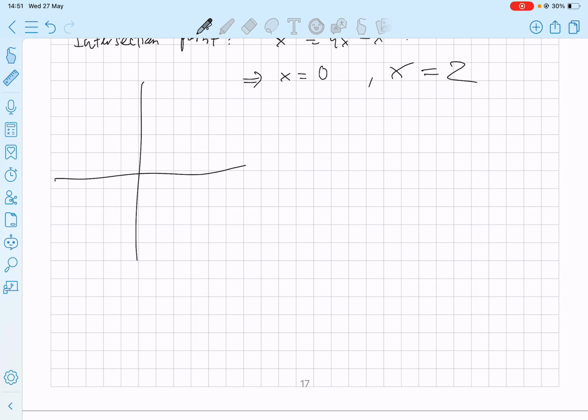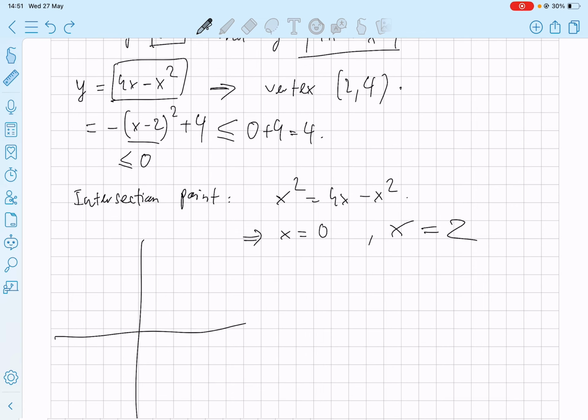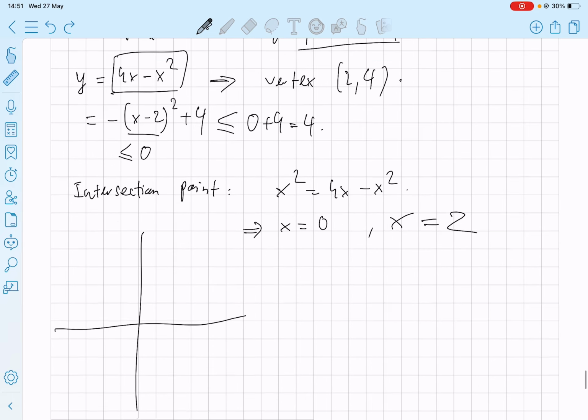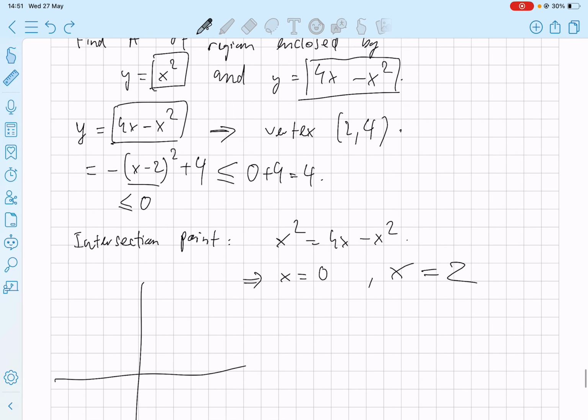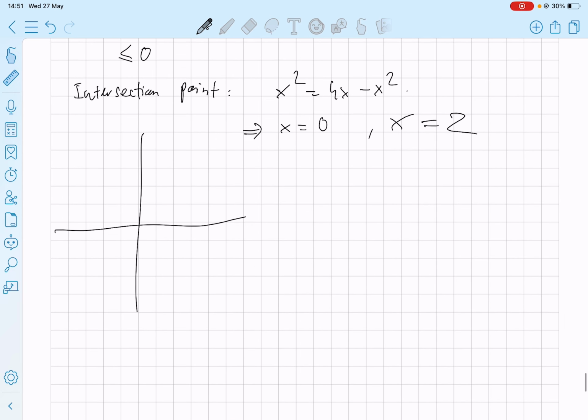So first we have a parabola. The parabola will look like this. This one is much easier to graph, so it will look like this.